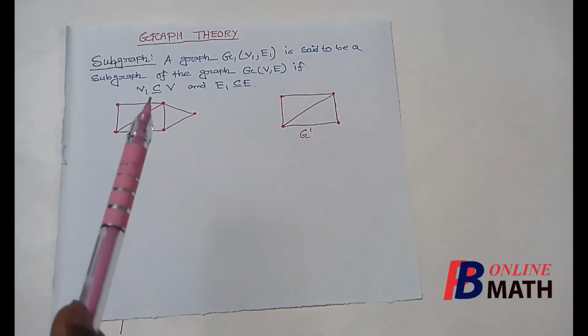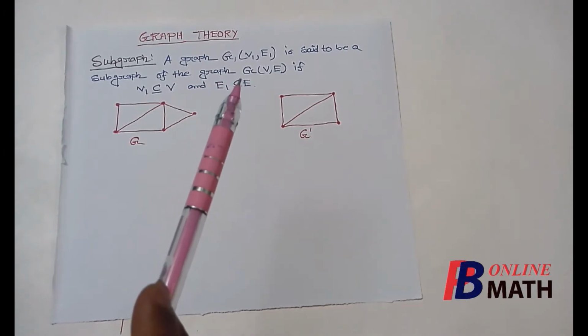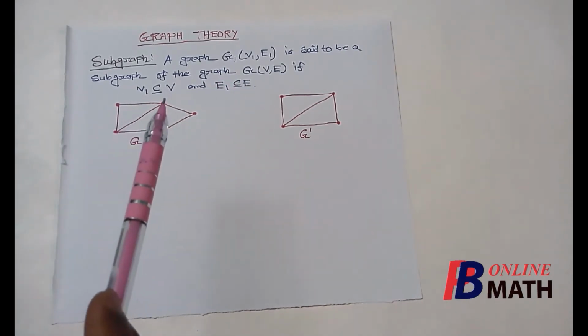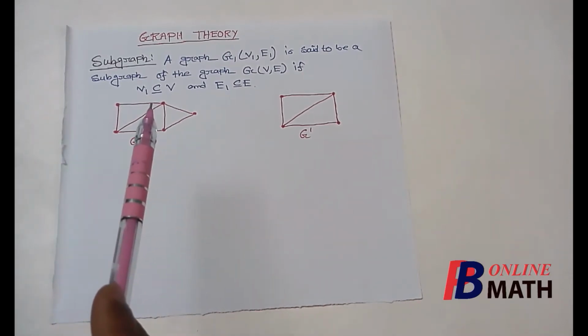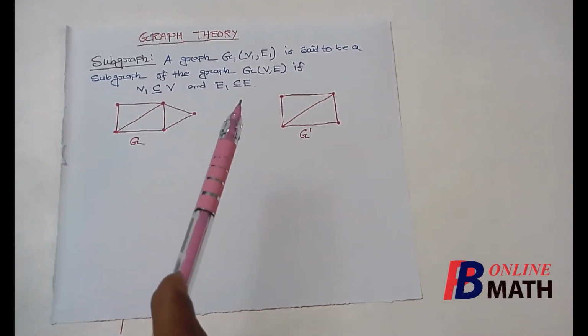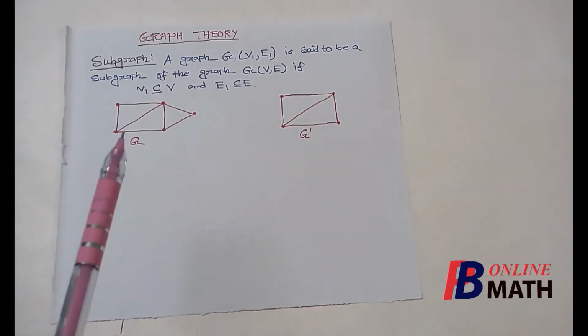Now as here we have defined that a graph G1 is called a subgraph of G if V1 is a subset of V and E1 is a subset of E. Since the equal sign is given here, we can state that any graph is a subgraph of itself.